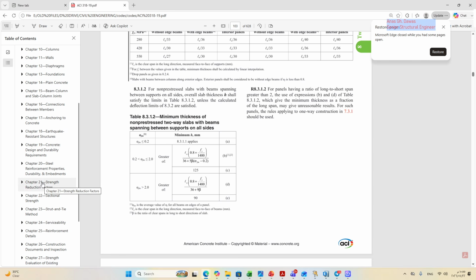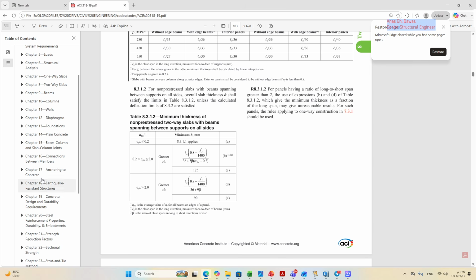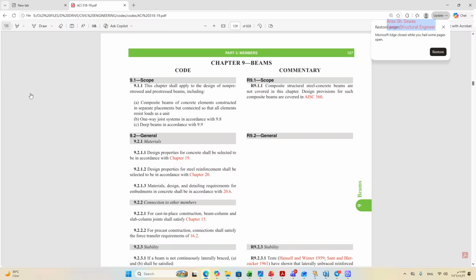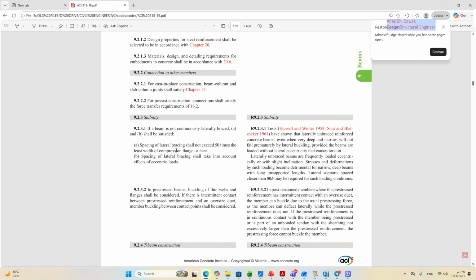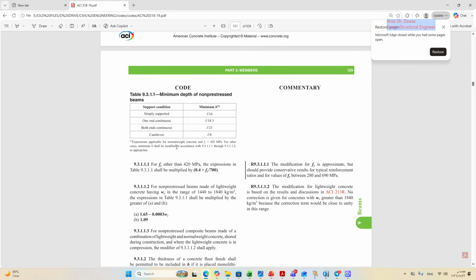Toolbox chapters mean that when you design any element, let's say one-way slabs, two-way slabs, or beams, you will go to the toolbox chapters to get some information, and again you have to go back to the chapter under consideration. So if you would like to design a beam, we will go to Chapter 9. Chapter 9 is for designing the beams.